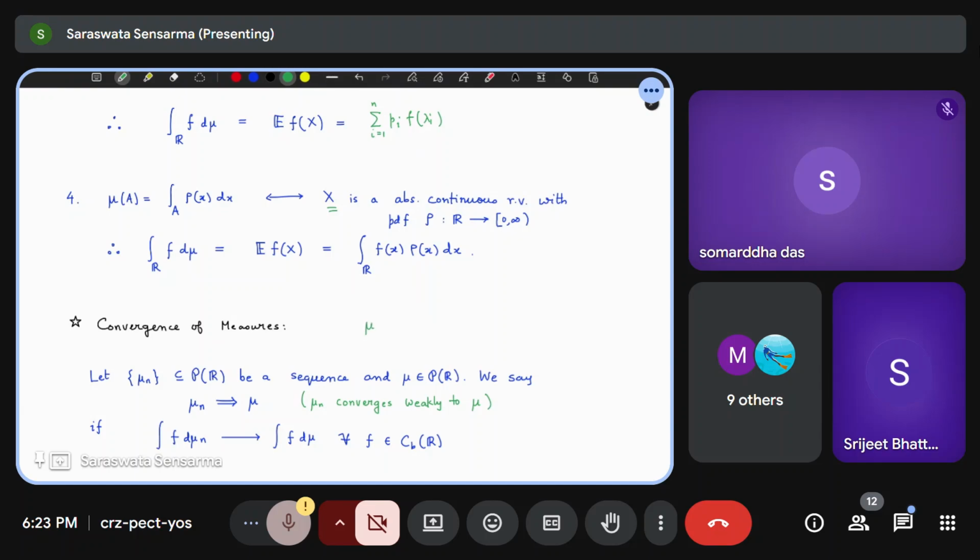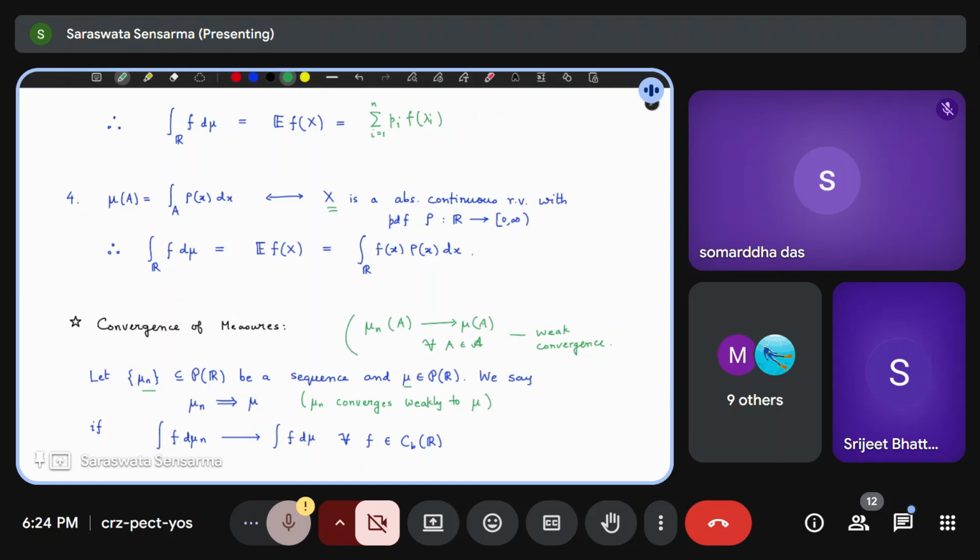Let's say you have a sequence mu_n and you have a measure mu. You can say for every set A, mu_n(A) should converge to mu(A), right? And that is precisely only for measurable sets, otherwise this makes no sense. But this is precisely the idea of weak convergence of measures.